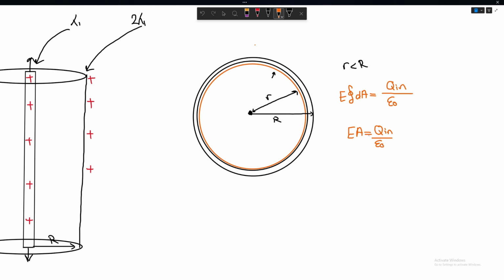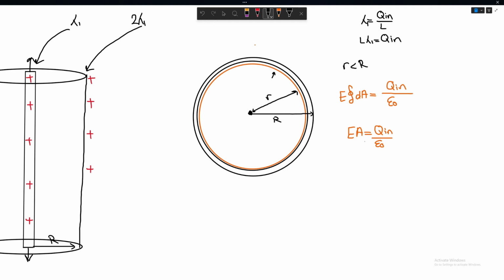Since we know that the charge density of this wire equals lambda, we know lambda equals Qn over some length L. Therefore, we can rearrange this to say the length L of this rod times lambda equals my Qn.